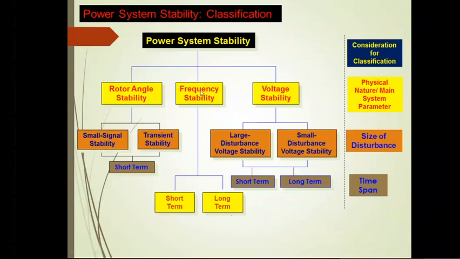That could be the duration for frequency stability analysis. Similarly, for voltage stability, we can have short-term just for a few seconds, let's say 10 seconds, 20 seconds, or maybe a longer term, that means several seconds up to 1 minute here.